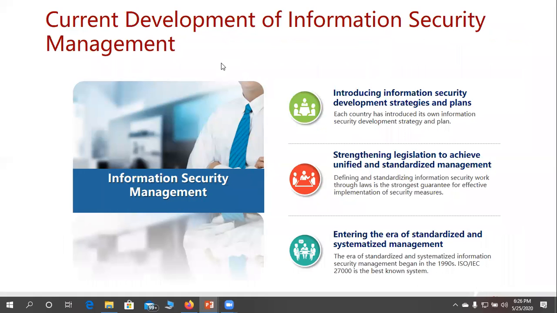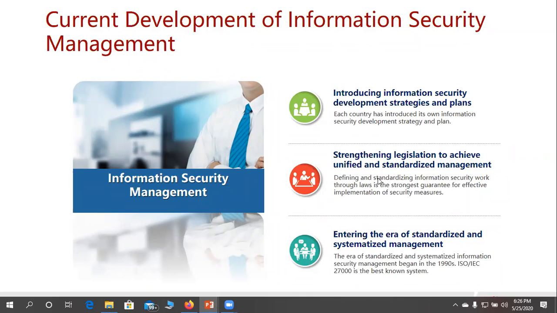Current development of information security management: introducing information security development strategies and plans. Each country must have its own information security development strategy and plan. This is very important for us to have order.